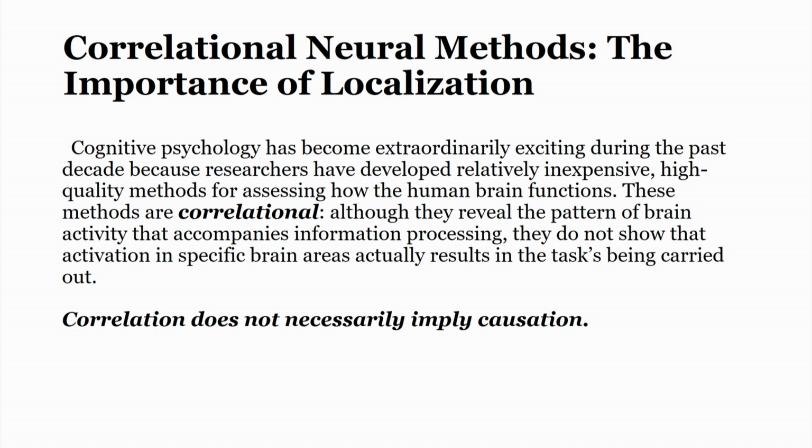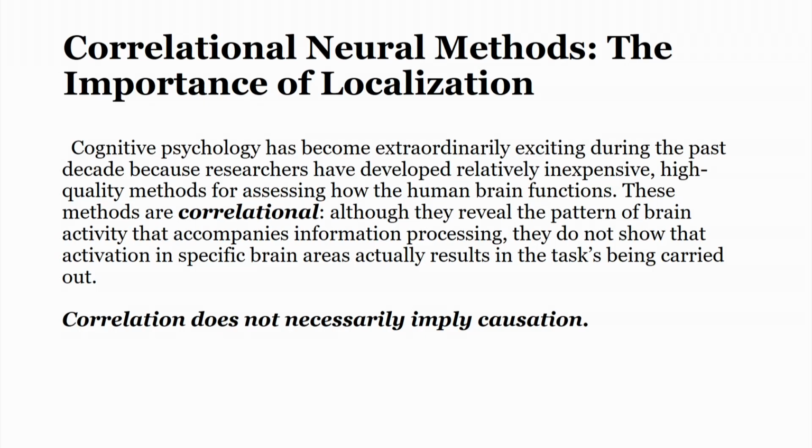The problem here could be that sometimes numerous other brain areas beside the area of interest also get excited. And so, it is a little challenging to pinpoint the area that is responsible for the core mental process being carried out.